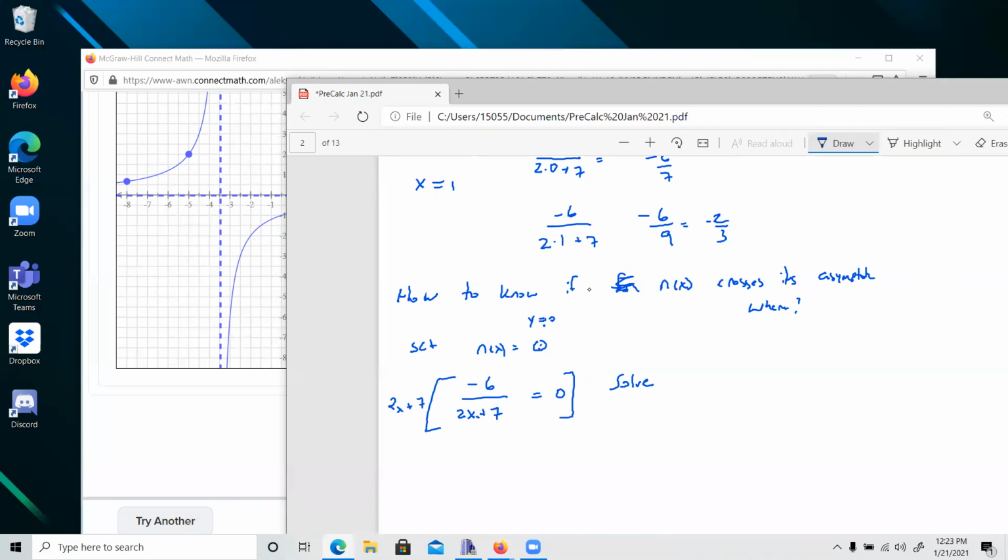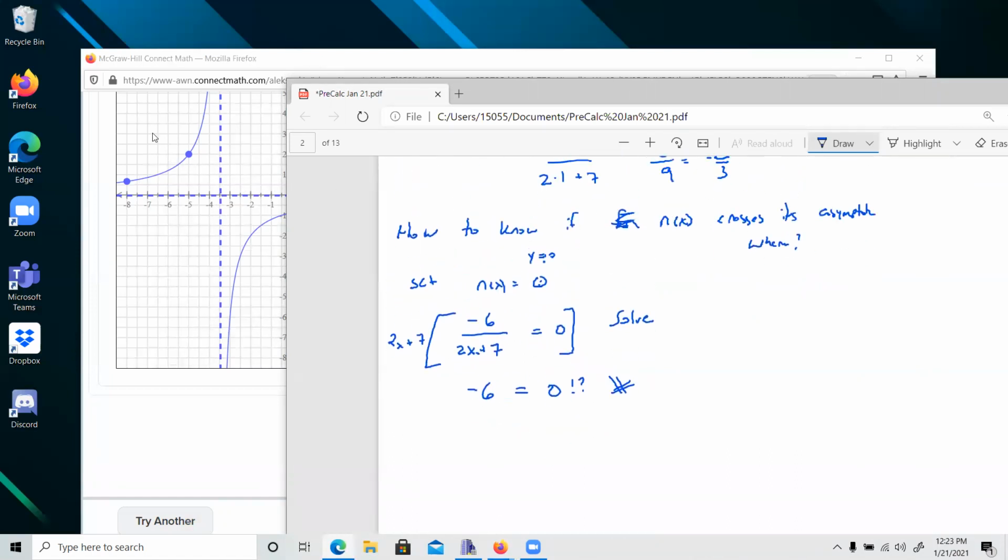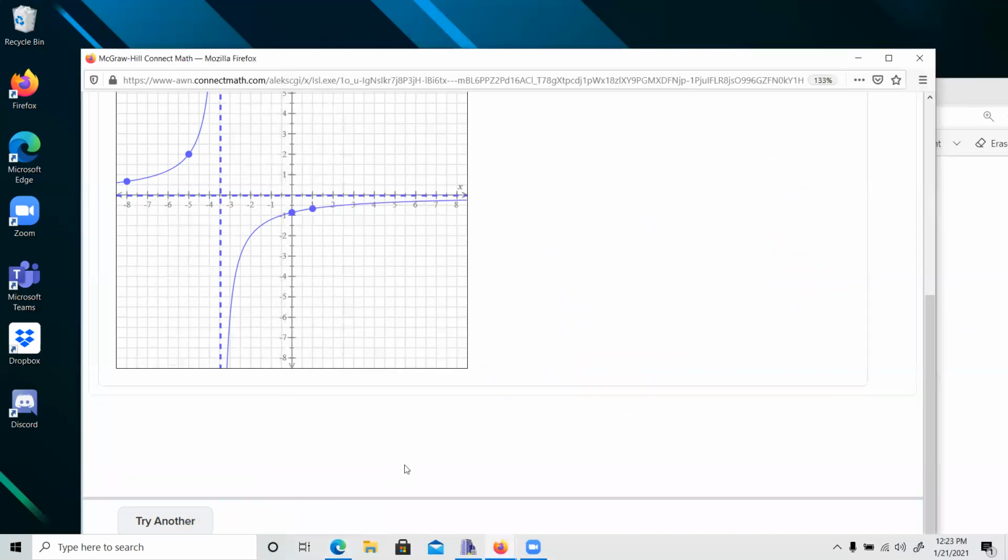So that cancels. 2x plus 7 times 0. We just get negative 6 is equal to 0. Well, that doesn't work, right? That's never true. So since I know that this never happens, I know it never crosses the asymptote. Okay, that's how you tell. All right, let's see.